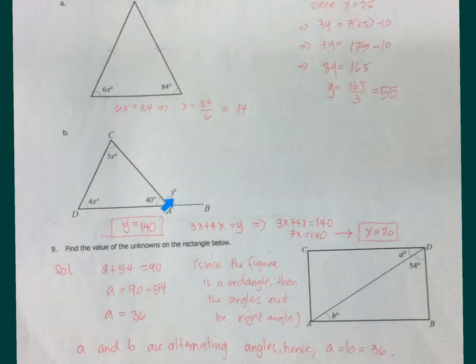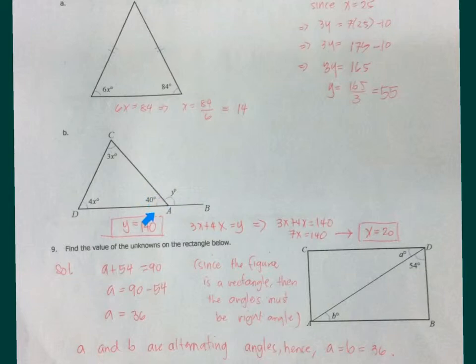This angle is actually equal to the sum of 3x and 4x. That's why in my solution, I stated here y is equal to 3x plus 4x. And we know that y is actually 140, coming from this information: in a given straight line, the angle is always 180.